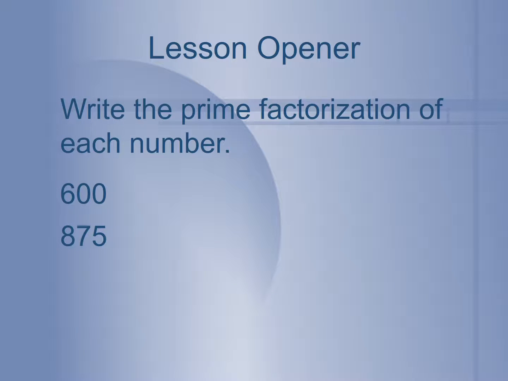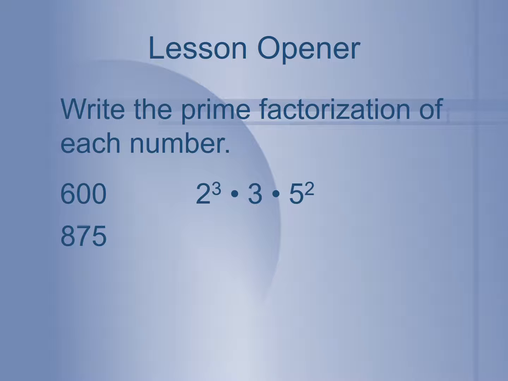Looking at these numbers, these are a little bit bigger, so 600 would be rewritten. If we factored 600, it would be 2 times 2 times 2 times 3 times 5 times 5. So we would rewrite those 3 2's as 2 to the 3rd, and we would rewrite those 2 5's as 5 to the 2nd.